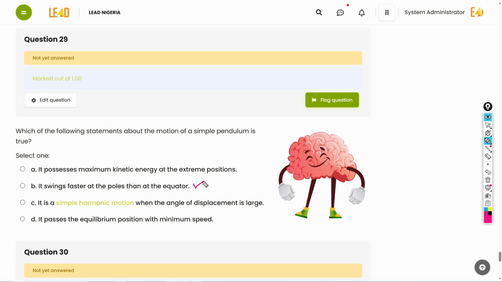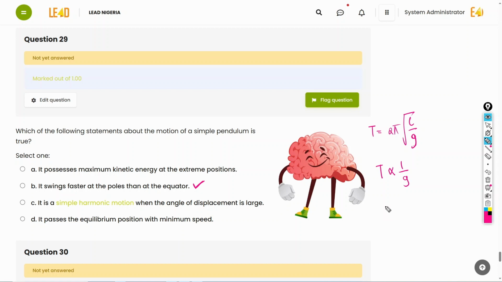And that's due to the variation of g. Your period T is equal to 2π√(L/g). That means your period actually depends on gravity. So T is inversely proportional to g.